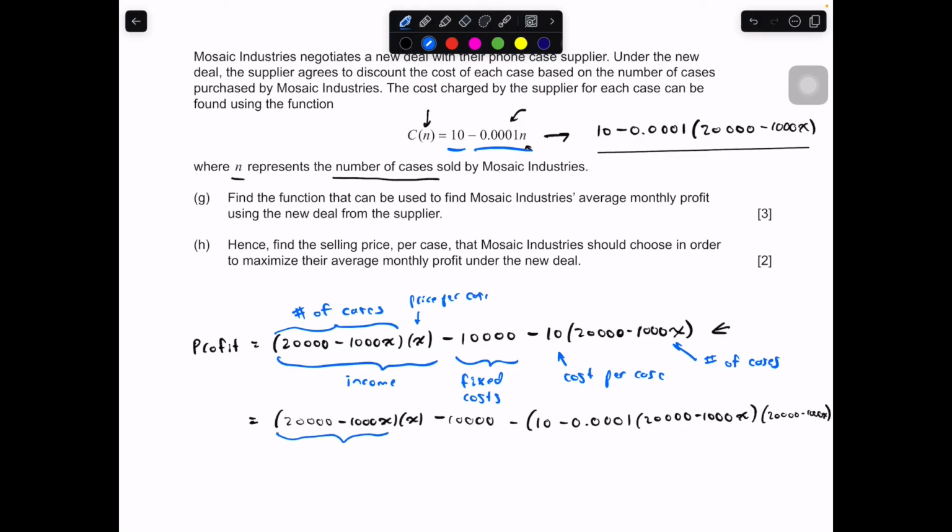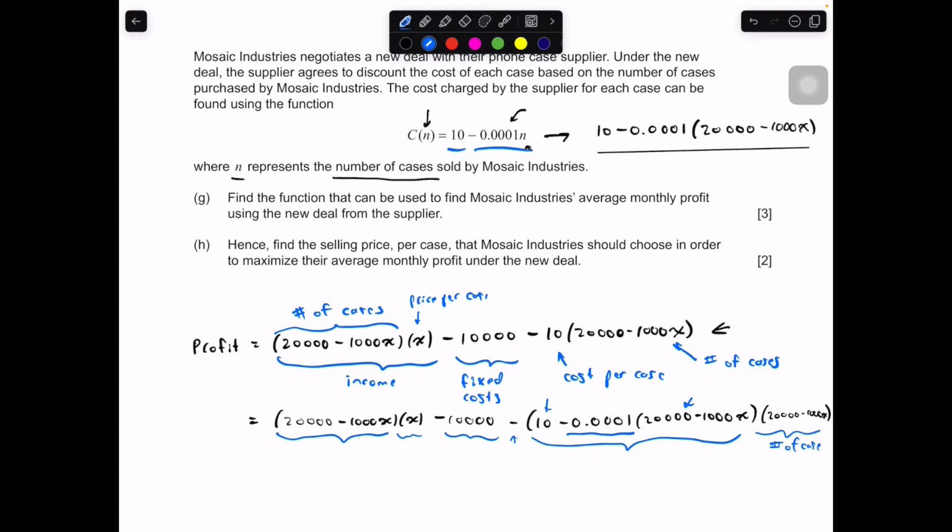This is number of cases, price per case, fixed costs, minus right here the cost per case. And it's $10 minus a fraction of a cent for every single case that they sell. And this is times the number of cases. Wow. Okay. It's a good question.